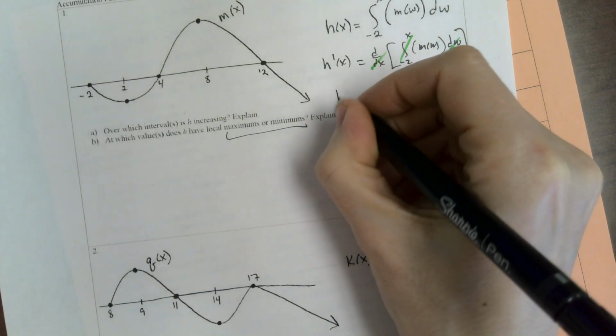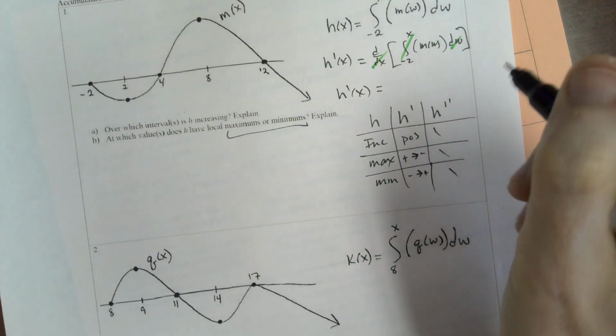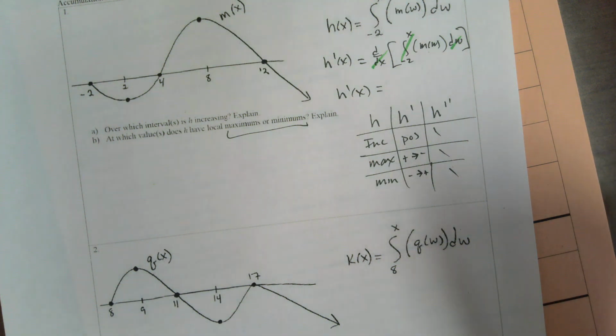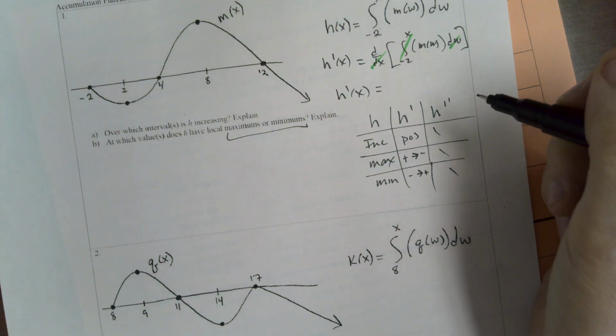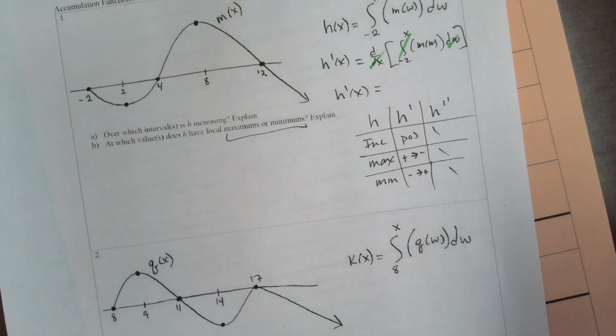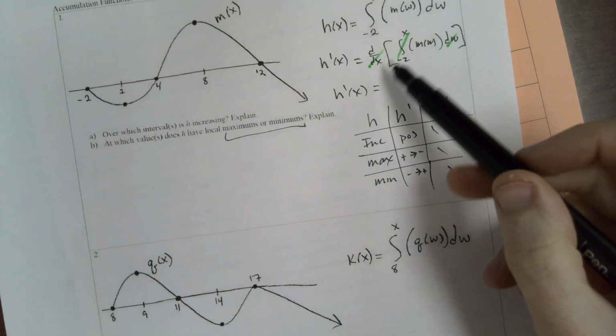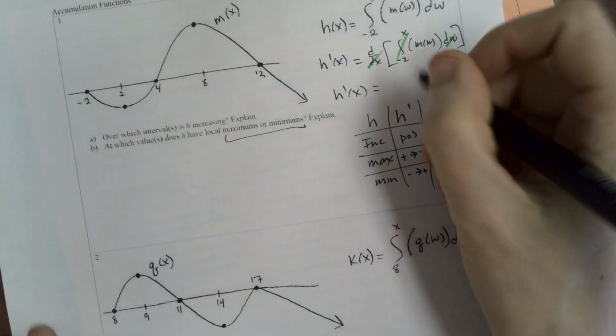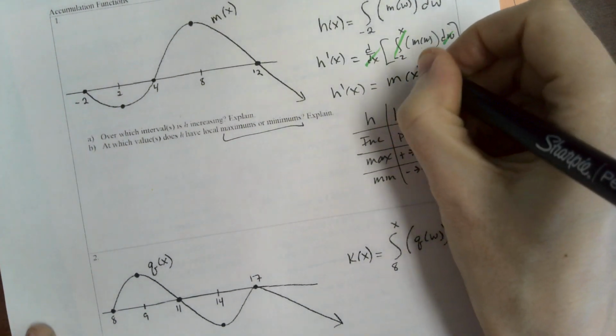So we've got h prime of x is equal to m of, so w is a placeholder. And I actually want to address that in a moment. But w is just a placeholder for whatever the variable was over here, which is x. So m of x.